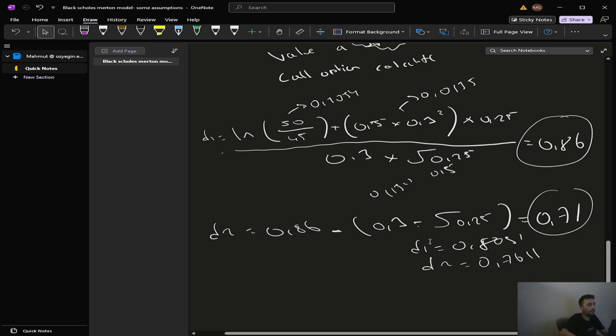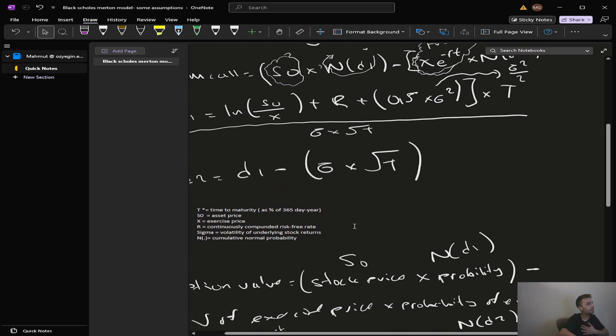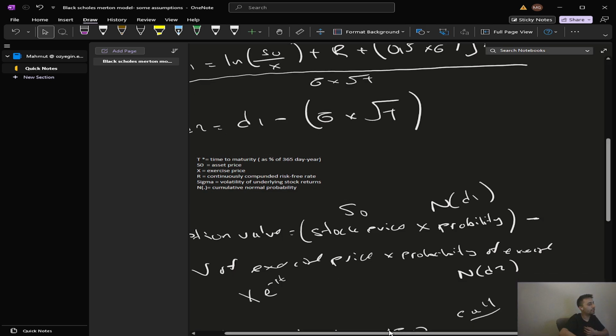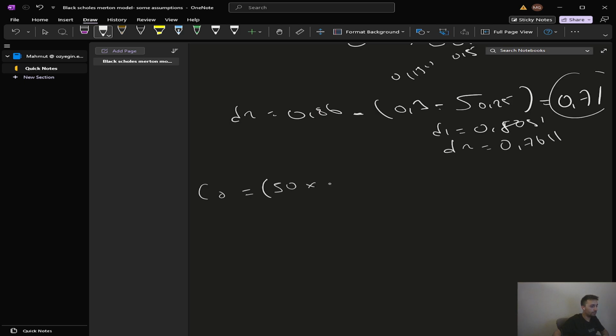Okay, now all that's left is to plug into the Black-Scholes formula. This is the Black-Scholes formula here. Now let's plug it in: stock price times our probability minus strike times our probability.